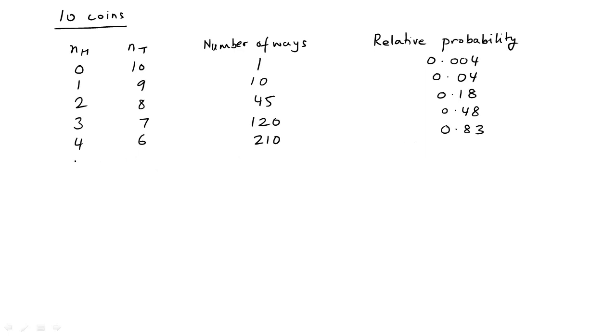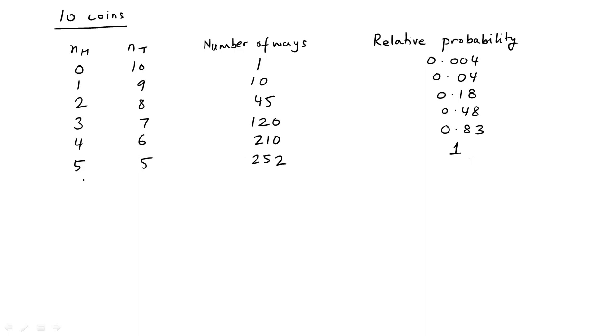And the most probable distribution, where there are 5 heads and 5 tails, the number of ways is 252, and by definition the relative probability of this is 1, because the relative probability in all these cases is with respect to the probability of the most probable distribution.